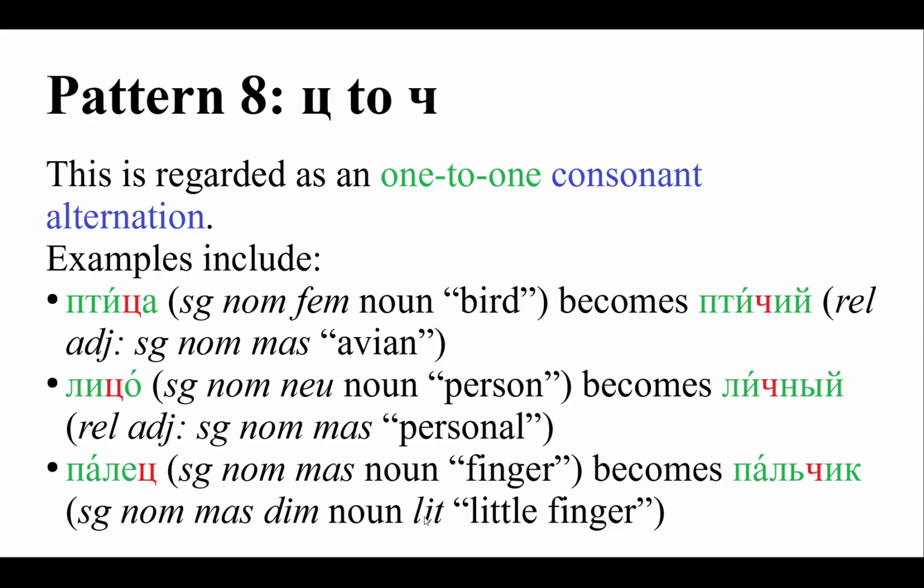Notice that this little finger does not mean the fifth finger of your hand. It is not a specific noun for that. It's just a general concept referring to a finger that is little.